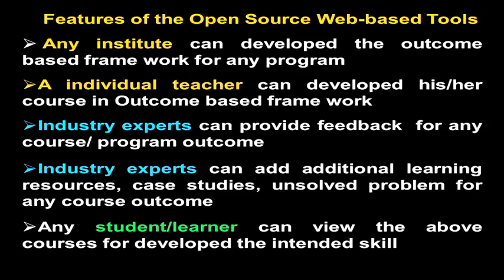So, what are the features of the tools? Any institute can develop their outcome based framework for any program. The tools provide a facility to develop the outcome based curriculum for a whole program and all programs of the institute. I will demonstrate it in the tool.